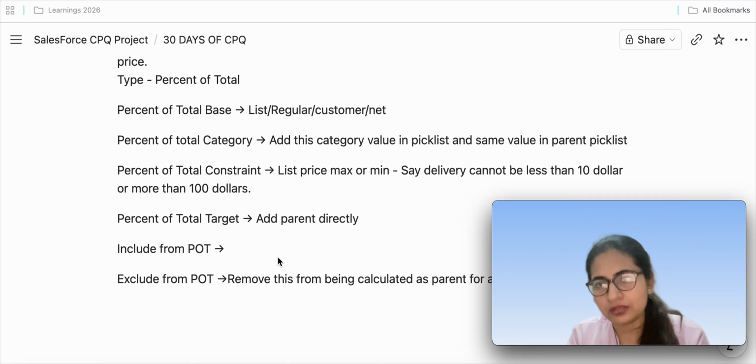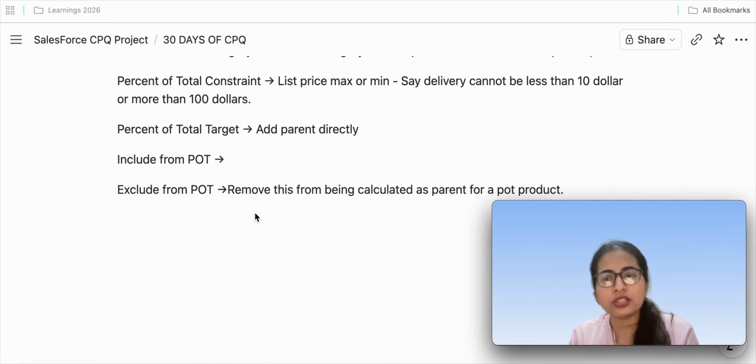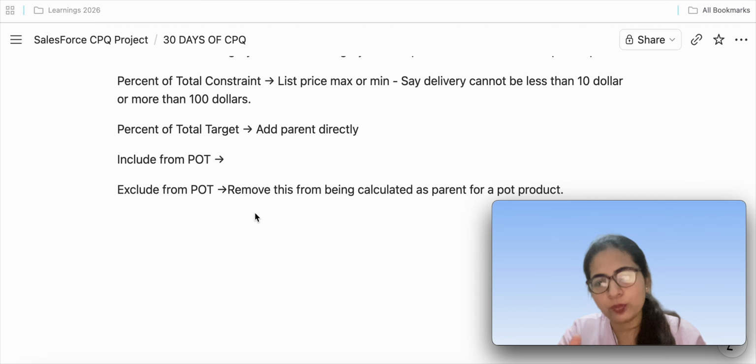Then there are include in percent of total and exclude from percent of total. Sometimes we don't want certain products to be considered as a parent for other products when calculating the percent of total, so we can check or uncheck accordingly.